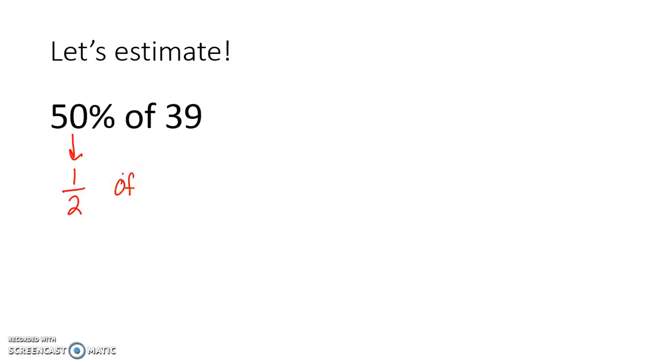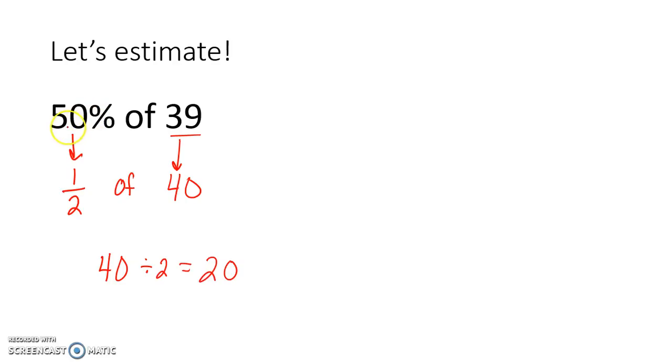Well, I might not be able to divide 39 in my head easily, but there's a number very close to 39 that I can divide in my head. Let's think of 40. 40 is really close to 39. So when I want to think what is half of 40, I'm going to take 40 and divide it by 2 to give me 20.